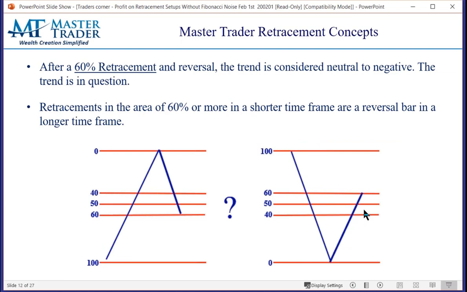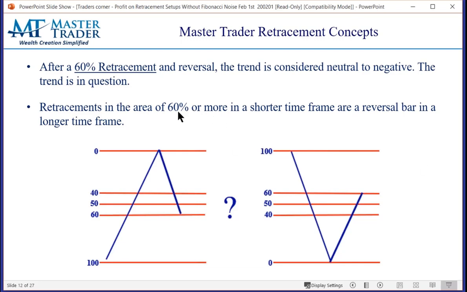What about now after 60%? We say that this trend is now considered neutral, possibly negative, because in a strong trend, they should reverse at 40% or less. Why? Because it's showing that buyers are stepping up and not letting it retrace to lower prices.